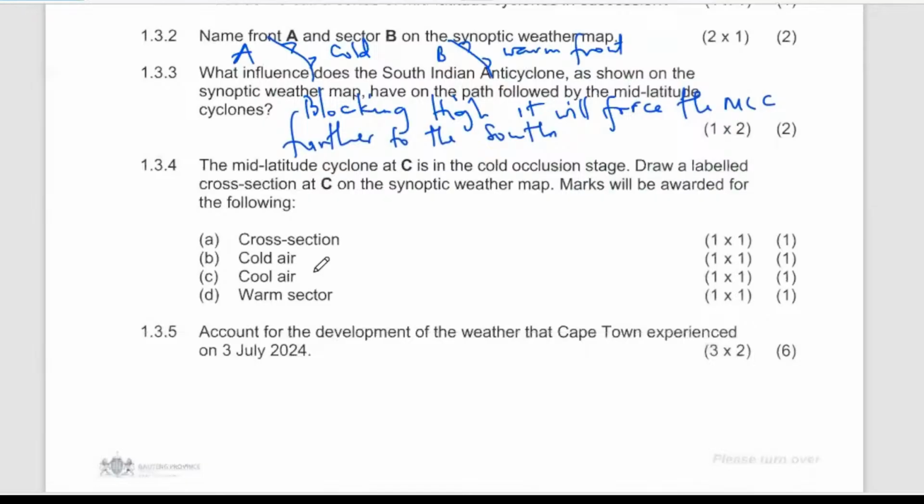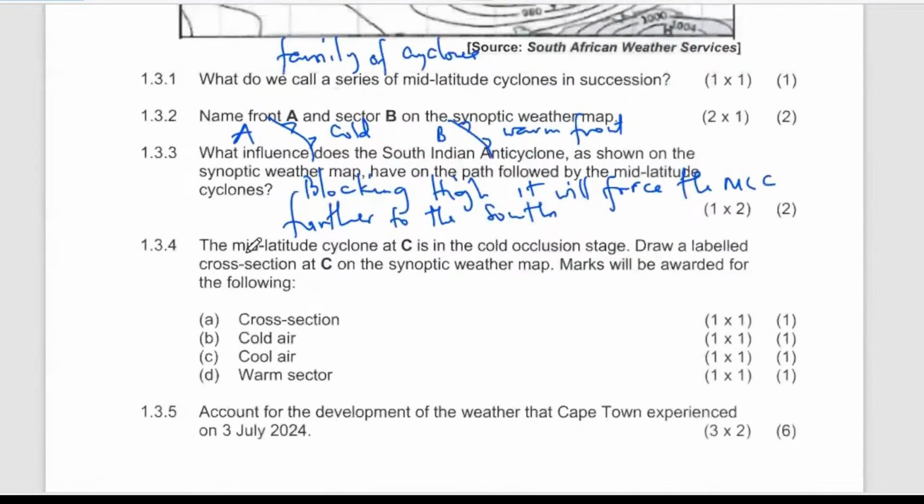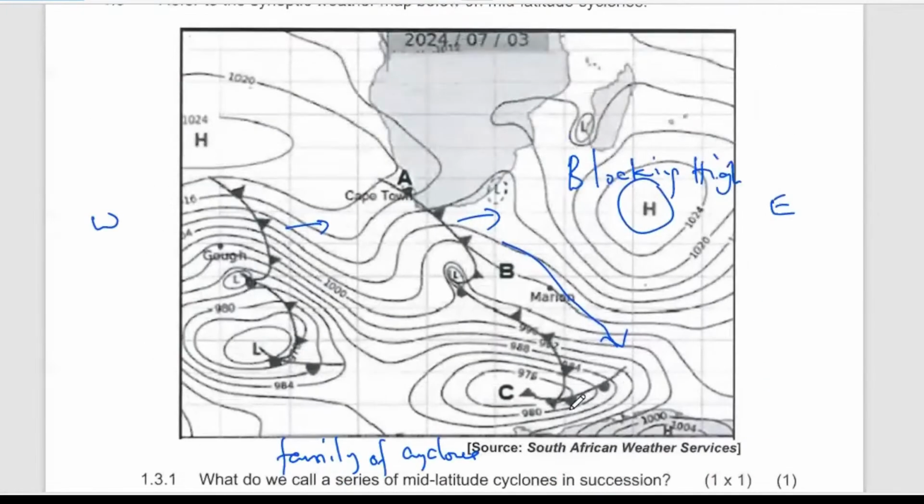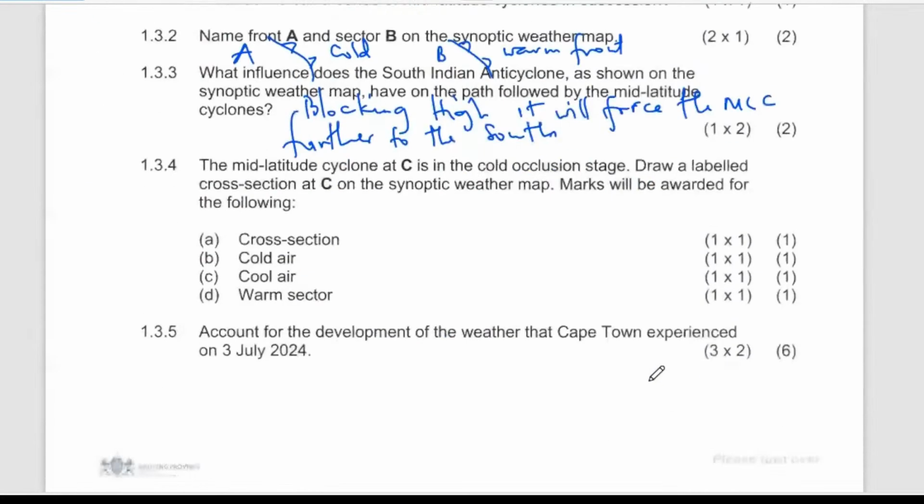Right. The mid-latitude cyclone at sea is in the cold occlusion stage. Draw a labeled cross-section at sea on the synoptic map. Right, we are looking at this point C here. We are saying it has reached an occlusion, and the occlusion is a cold front occlusion. So when you're drawing this as a cross-section, you know our cold front is steeper, so it must be like that. Then our warm front must start from somewhere there and is gentle.